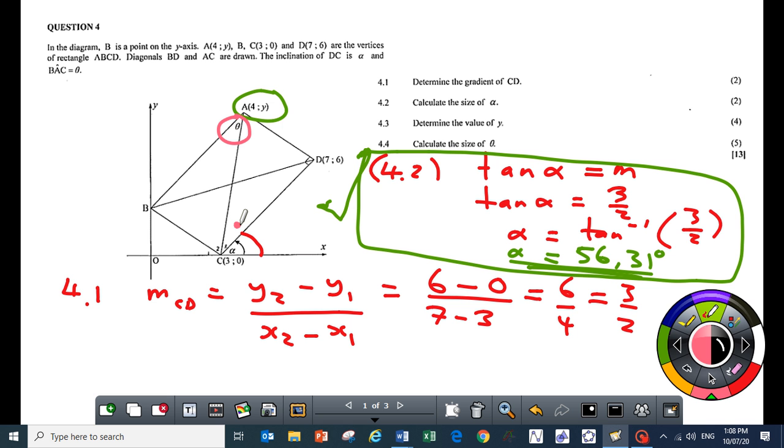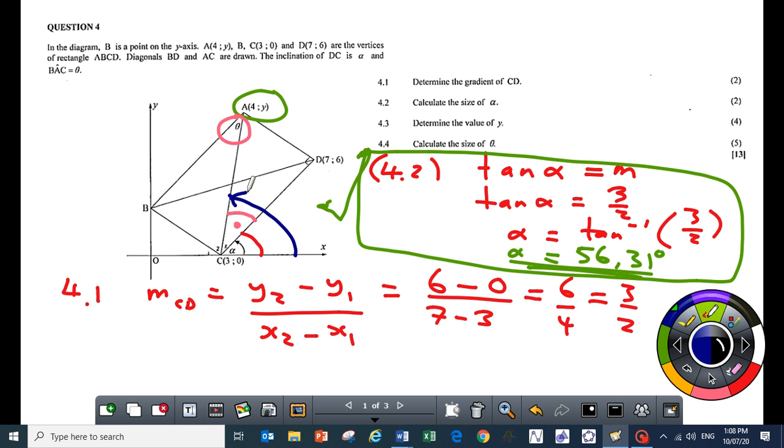Make sure you pay attention. I'm saying theta is not an angle of inclination. So for me to get the theta, I'm going to use my knowledge of triangles. I'm going to calculate the size of this angle here, that is ACD. I can find it. For me to find it, I need the gradient, or rather the angle of inclination of line AC.